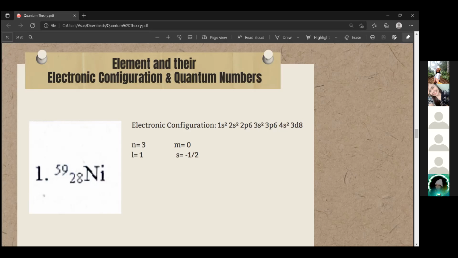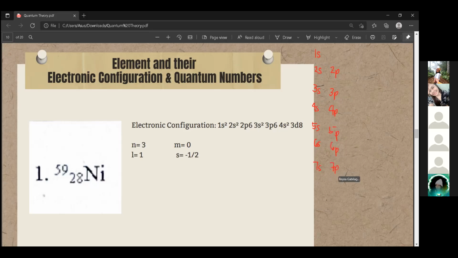So kung magsusulat kayo, if you don't have your periodic table, you just write 1s, pababa class, 2s, 3s, 4s, 5s, 6s, and 7s. And then remember, the P will start with that second energy shell. And then pababa na din ito. 3p, 4p, 5p, 6p, 7p.